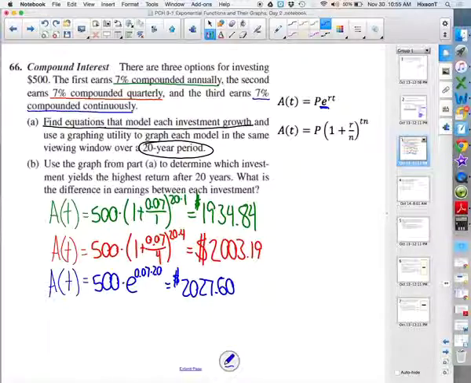Here we had like a $67 difference and a $24 difference. The longer the period of time, the greater that difference will be. So compounding interest is a really powerful thing.